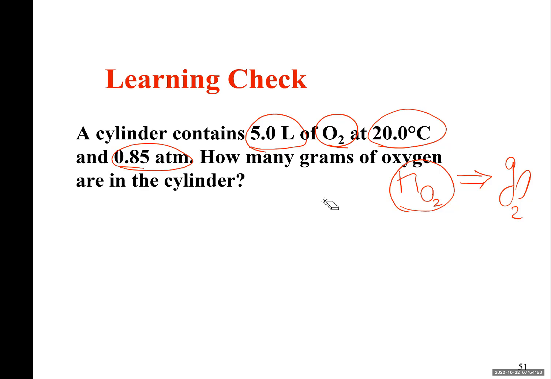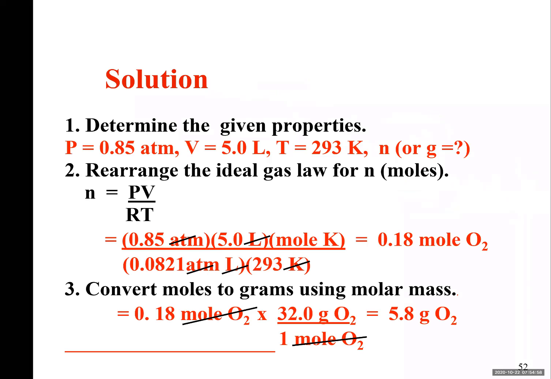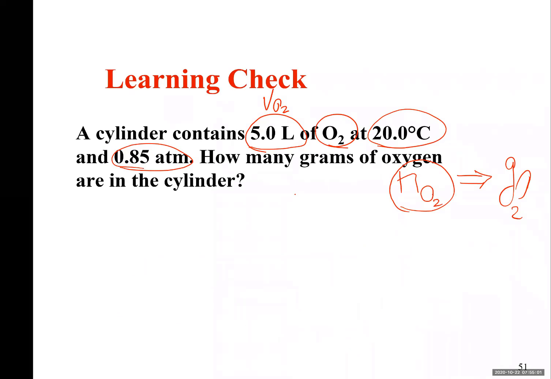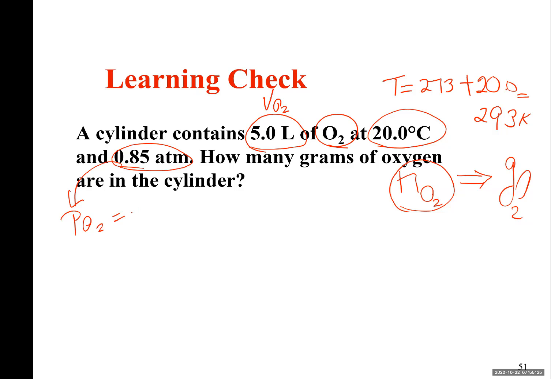What is given to me? Can I say I have the volume of oxygen? And I have the temperature of oxygen, 273 plus 20, 293 K. And I have the pressure of oxygen, 0.85 atm.